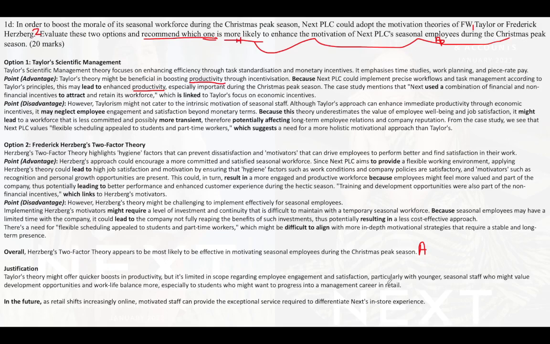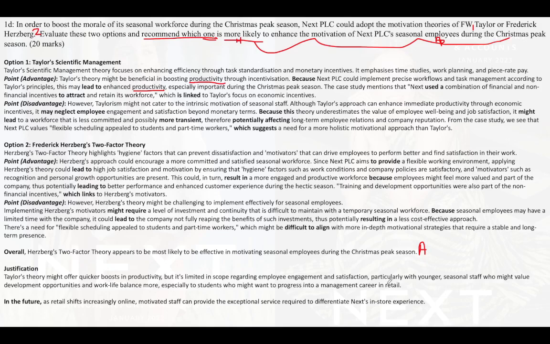In the future, we know that this is a dynamic market, so let's bring it into our future-orientated MOPs. As the retail shifts increasingly online, we know this, we've done a case study on this, motivated staff can provide the exceptional service required to differentiate Next's in-store experience.